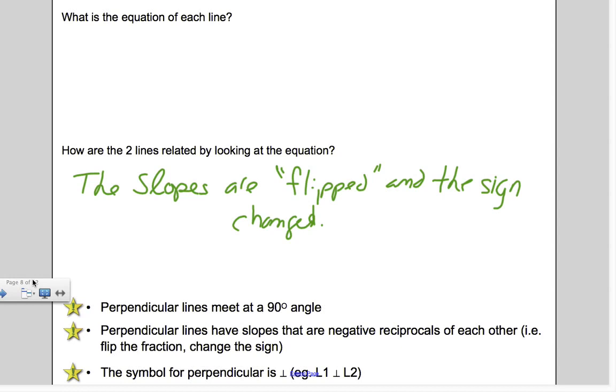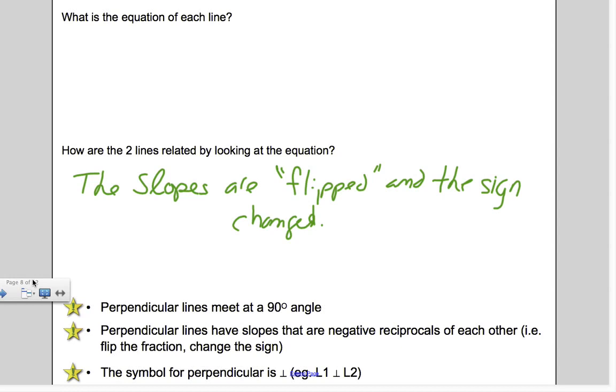Perpendicular lines have slopes that are negative reciprocals. Remember what reciprocal was, right? It's just a fraction flipped, but it's a negative reciprocal. In other words, change the sign on it. So if it was negative, it'd be positive. Perpendicular lines have slopes that are negative reciprocals of each other.